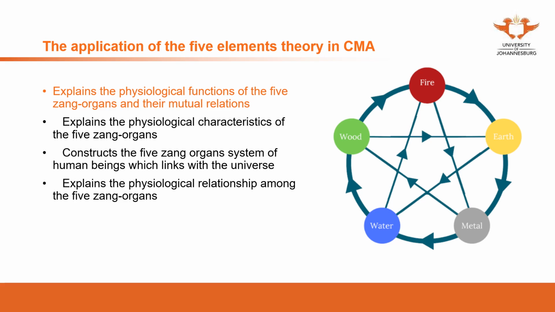The relationship among the five zang organs, especially between two organs, for example, the liver and the heart, the spleen, or the kidney and the lung. Between two organs, the relationship can be explained through generating or controlling. For example, the liver can generate the heart because wood can generate fire.